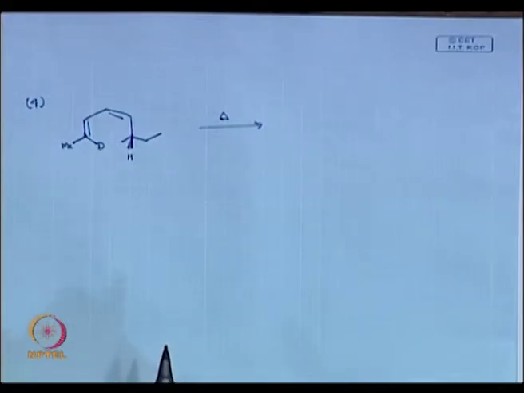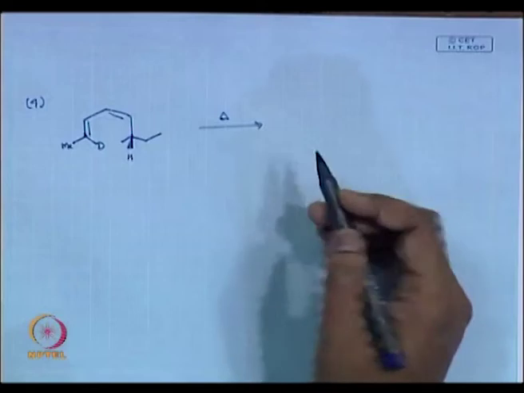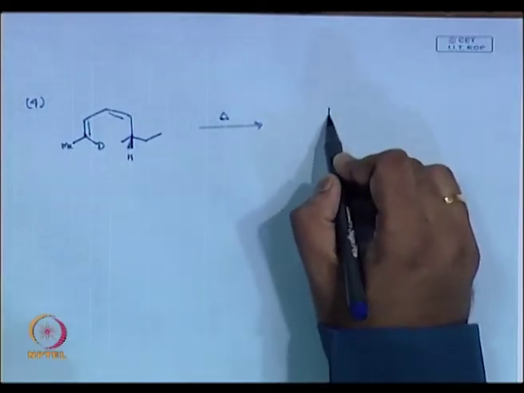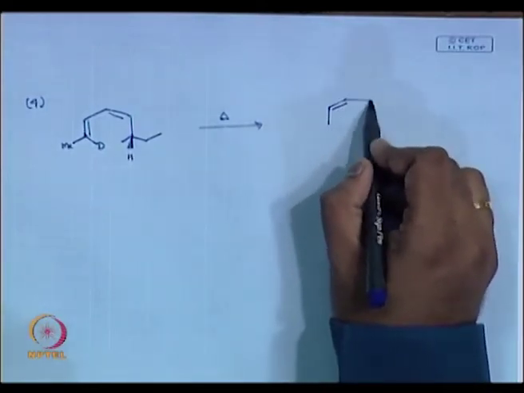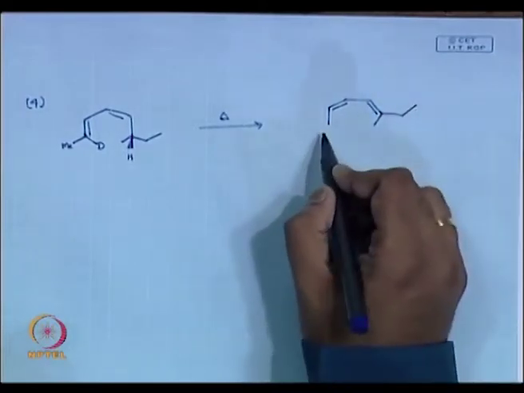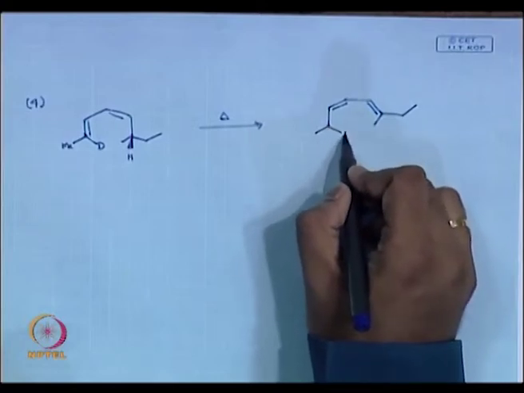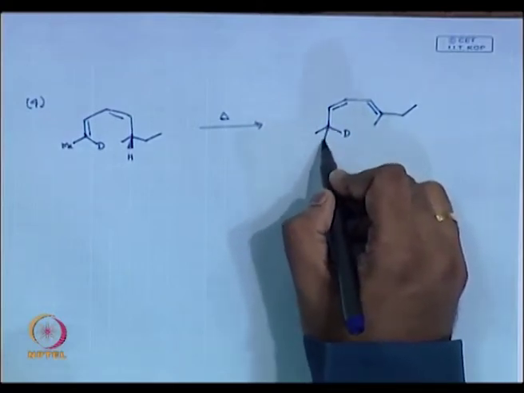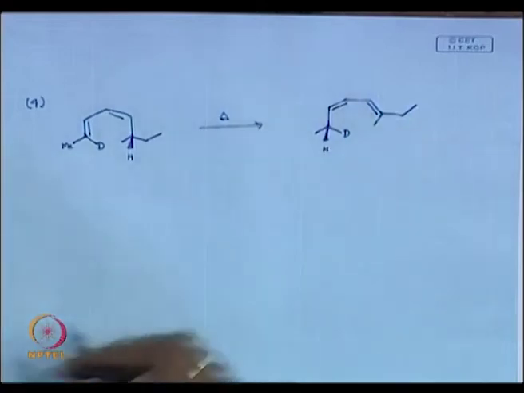I take this example and I heat it. So, it is 1,5, right, because it very clearly says it is 1,5. 1,5 heating is what? Suprafacial, right? Yeah. So, can you draw the structure? It's simple. So, it is suprafacial. So, get a hydrogen.